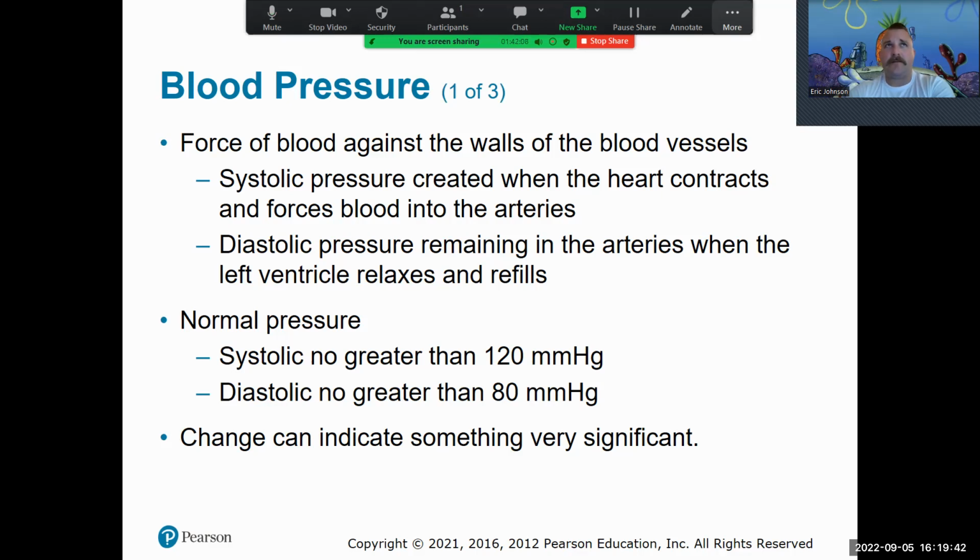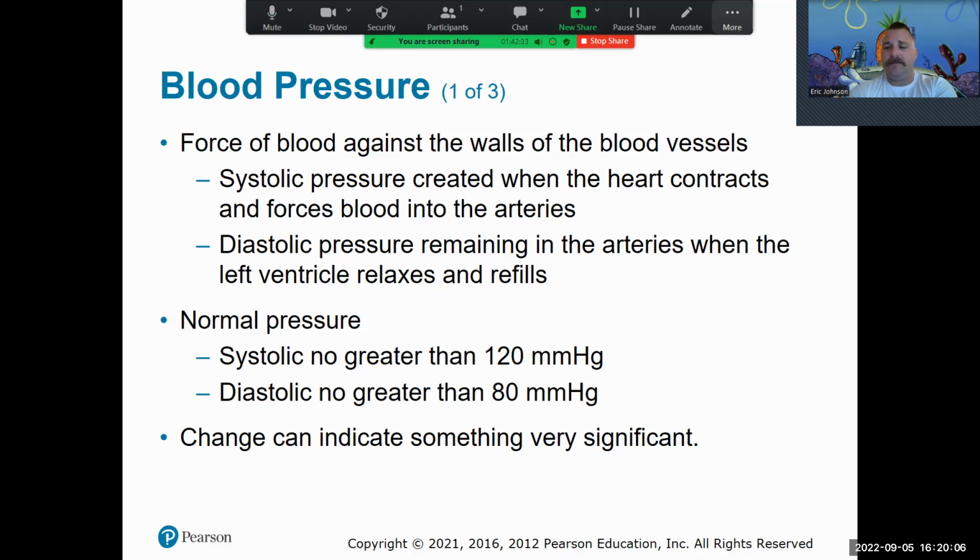Although, in the medical world, we would call that hypertensive. Hypertension or hypertensive blood pressures are blood pressures where the systolic is above 120 and typically measured above 130 or 140, and a diastolic that's above 80.